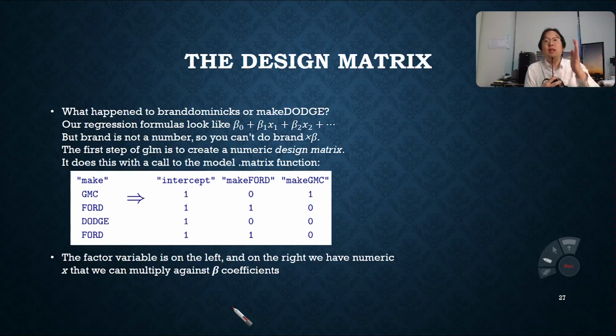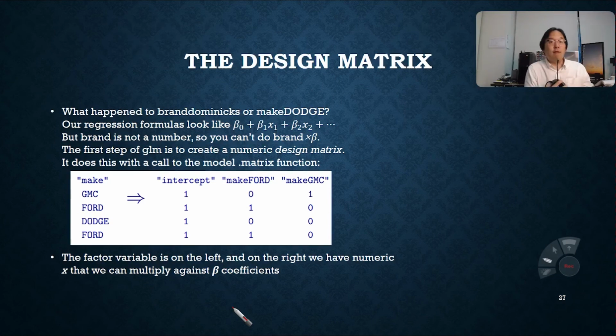We want to create a dummy variable that is 1 if the observation belongs to Tropicana and 0 otherwise. You want to also create a dummy variable that is 1 if it is like, what is that? The other one. Yeah, Dominick's, let's say, and then 0 otherwise. The same thing, right? Maker of the trucks, Ford versus GM. You want to create GM dummy variables and then Ford dummy variables.